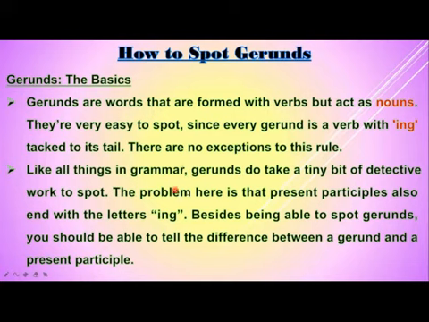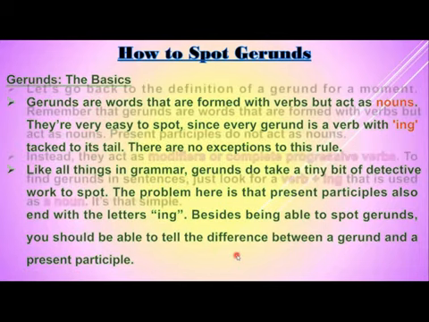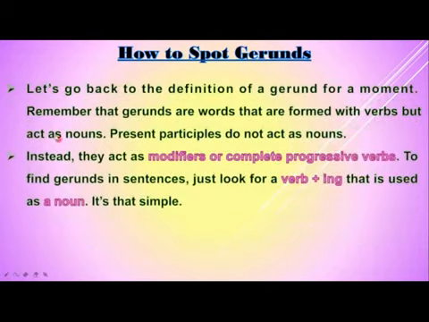Like all things in grammar, gerunds do take a tiny bit of detective work to spot. The problem here is that present participles also end with the letters ing. Besides being able to spot gerunds, you should be able to tell the difference between a gerund and a present participle. Let's go back to the definition of a gerund for a moment.